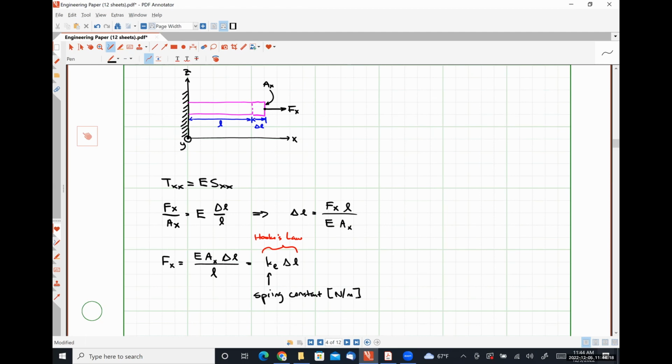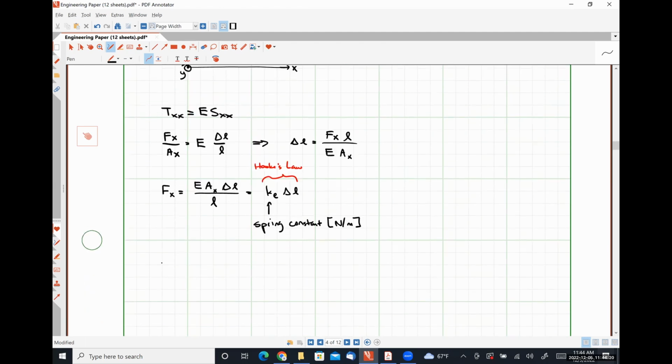So from this, we can say that KE, our spring constant, is simply E times AX over L. And we can express the change in length as simply the force applied divided by the spring constant of the extension rod.